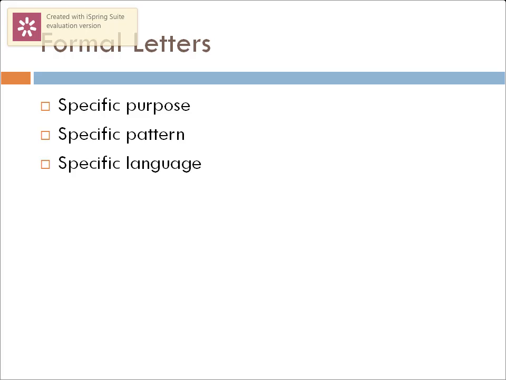Examples of formal letters are those written as part of business transactions, application letters, letters of inquiry, letters to the editor, or letters written to one's colleagues on matters concerning work. This tells us that formal letters have a specific purpose, and they're written in a specific pattern and a specific language is used.